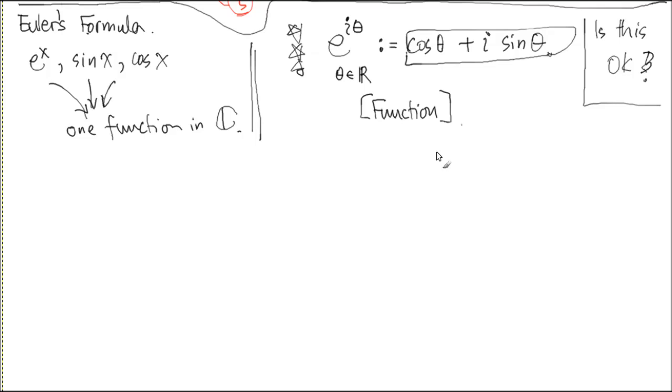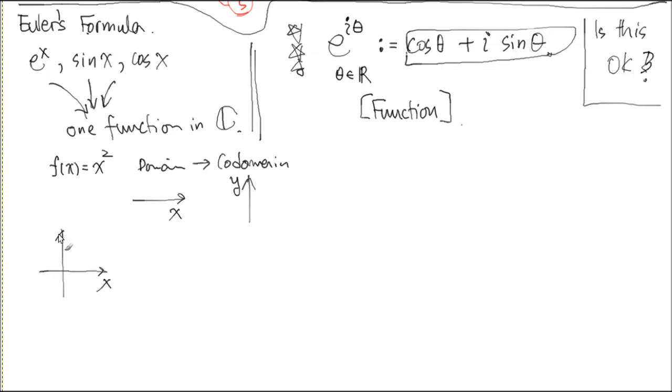If I have a real function such as f of x equals x squared, we have the domain and the codomain. Domain is the x-axis, and codomain is the y-axis. Then we put them together to show the domain and codomain relations.